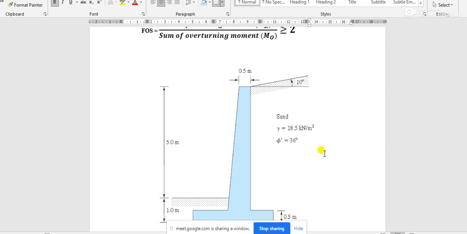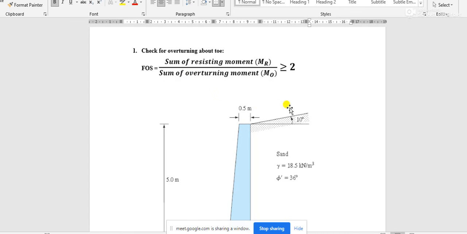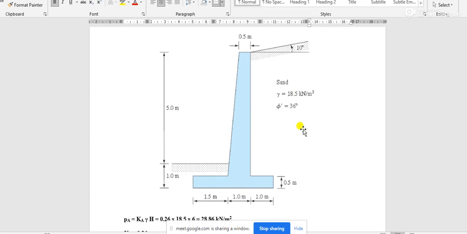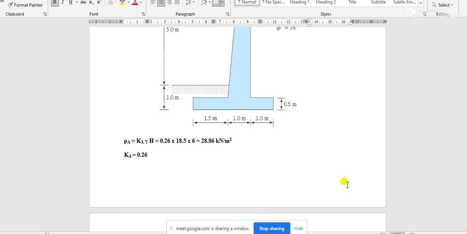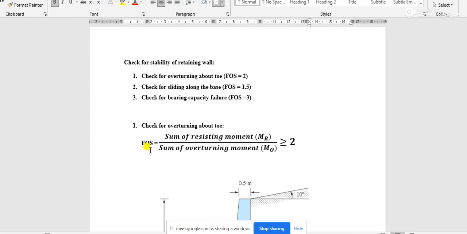But the horizontal component of the active thrust will act as the overturning moment, an anti-clockwise moment in this case, and this moment will act as a clockwise moment. So this one will be resisting, this one will be the overturning moment, and by this you have to calculate the factor of safety.